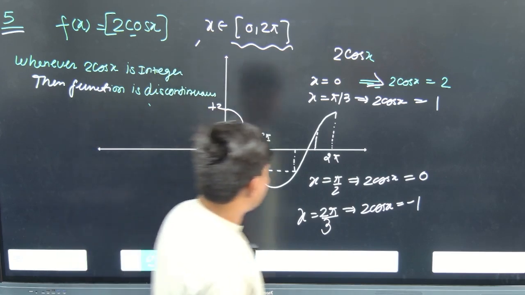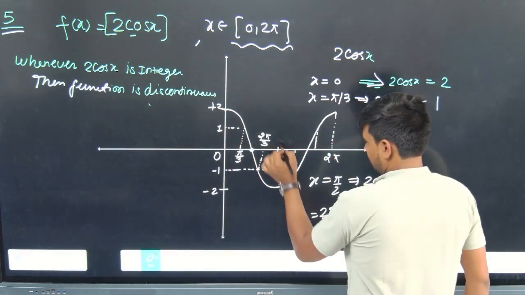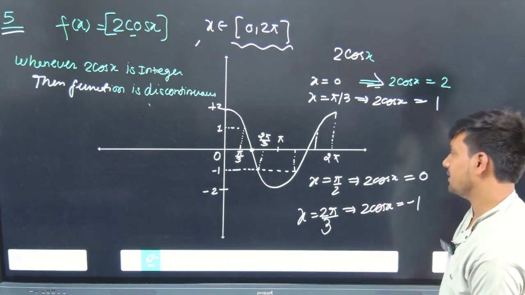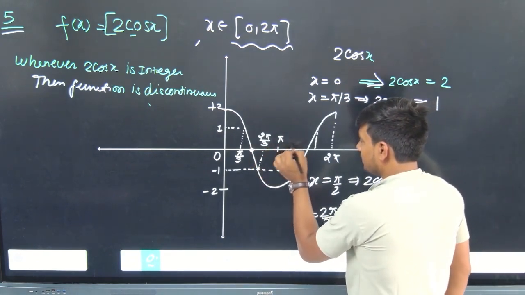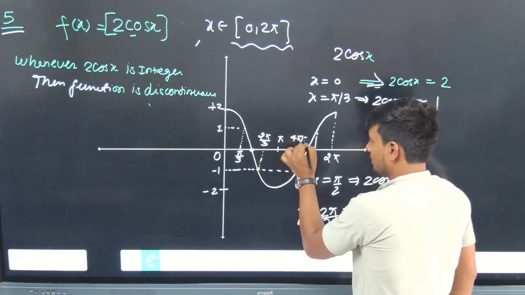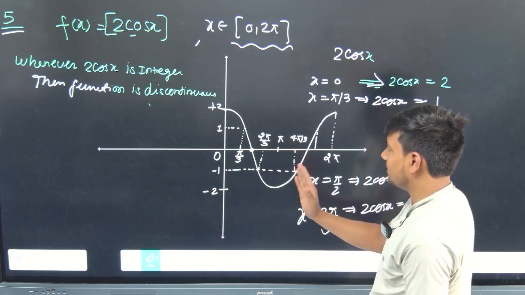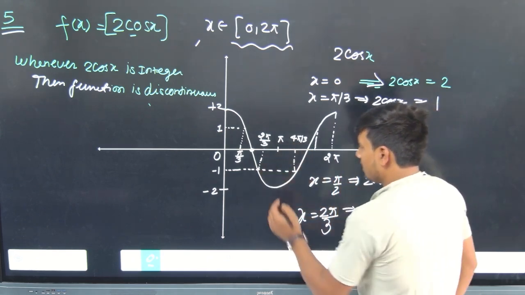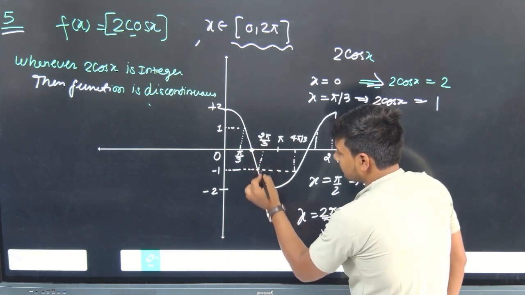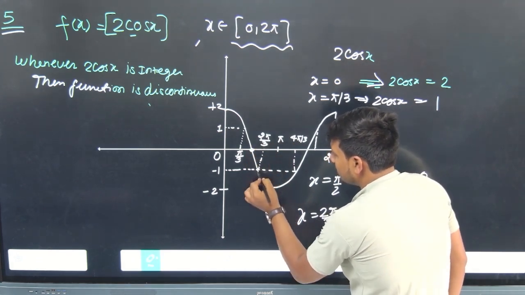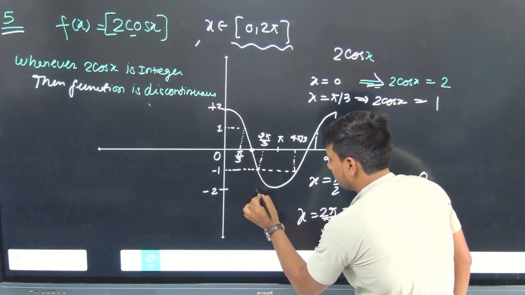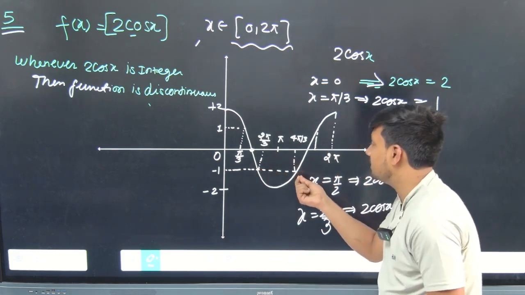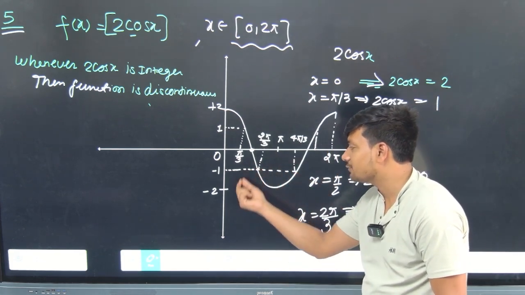Now after 2 pi by 3, we have a point that is pi. From 2 pi by 3, then pi, then this is 4 pi by 3. You can see that at pi this function is continuous, greatest integer, because if we draw the greatest integer function's graph between 2 pi by 3 to 4 pi by 3, you can see that the graph is lying between -1 to -2.